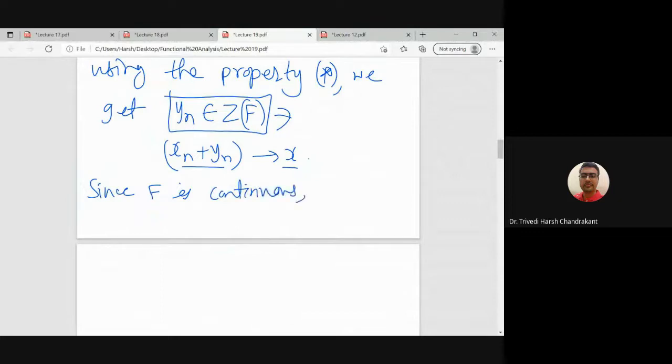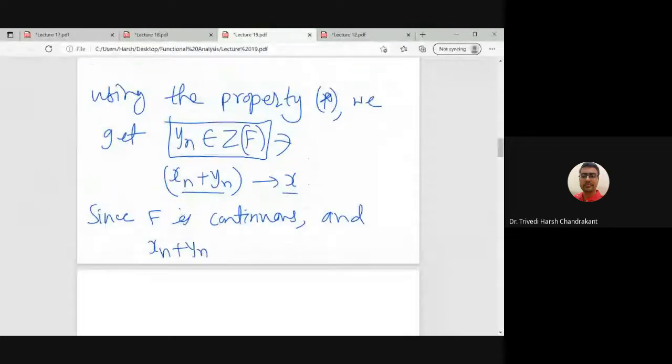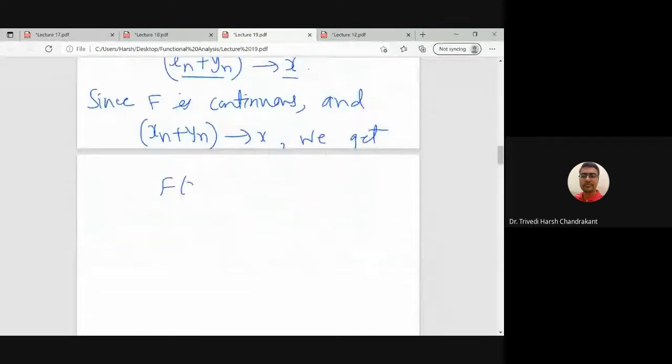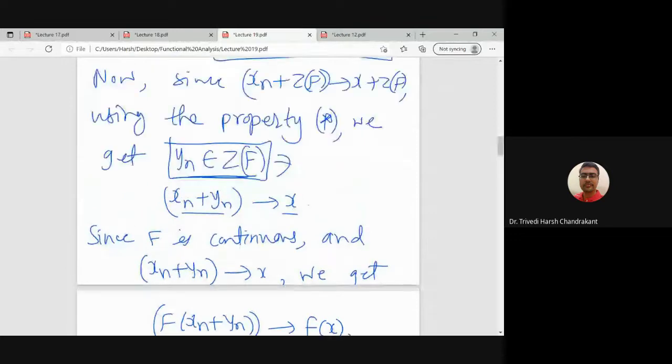This f is continuous, and xn plus yn converges to x. Using continuity, we get f of xn plus yn converges to f of x, right?